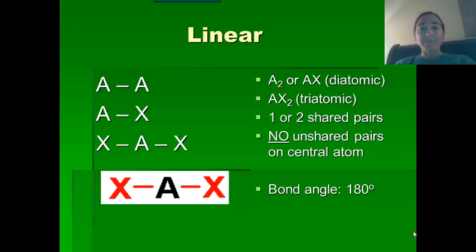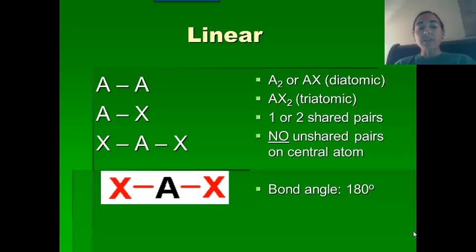So let's get started. The most simple shape of a molecule is linear. The formula for a linear molecule can be A2 or AX, where A and X are just some generic elements, or it could be 3 atoms in a molecule, AX2. You see over here on the left side, I've got all 3 of those drawn out for you. The key to recognizing a linear compound is to see that it has either 1 or 2 shared pairs, no more, and there are no unshared pairs on that central atom.